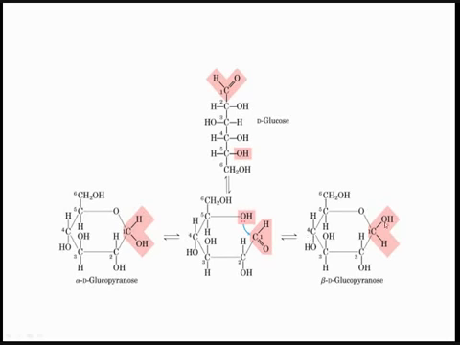So the change can be seen in the anomeric carbon. The interconversion of alpha D-glucose to beta D-glucose, because it is a pyranose ring, can also be called alpha D-glucopyranose to beta D-glucopyranose and vice versa, and is generally known as mutarotation. Those alpha and beta cyclic forms of D-glucose are referred to as anomers to each other.